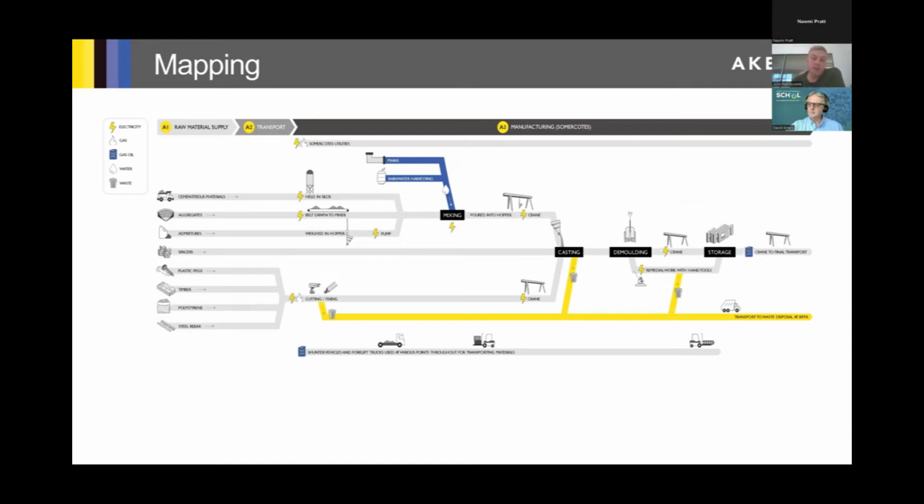The other thing that is really important, whether you are a manufacturer, a subcontractor, a client, or play any part in the development of a built asset, is to map the carbon within your solutions, in your buildings, and visualize where that carbon sits and what you can do about it.